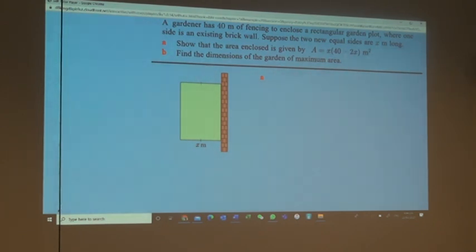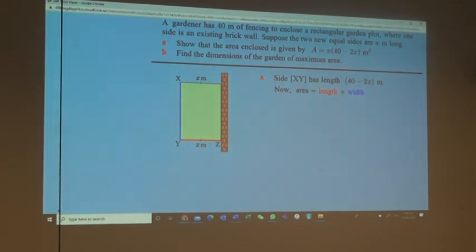On the diagram, we label some points X, Y, and Z, so it is easier to refer to a particular side of the fence. We are given that the two equal sides of the fence have length x meters. Since the sum of the length of the three sides is 40 meters, the side XY must have length 40 minus 2x meters. The area of the garden is the product of its length and its width.